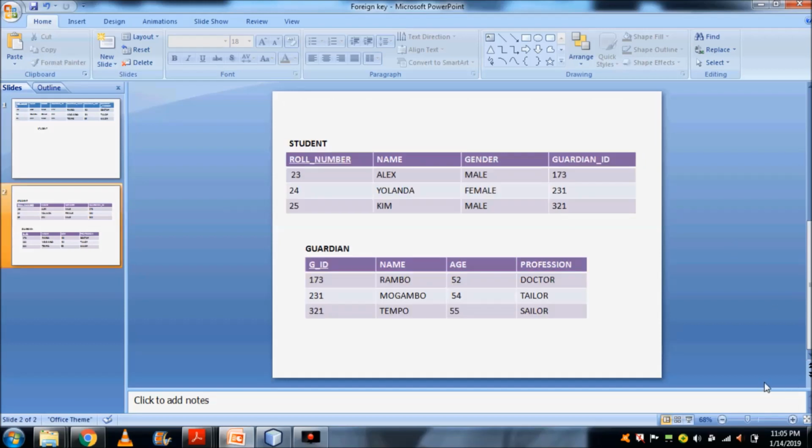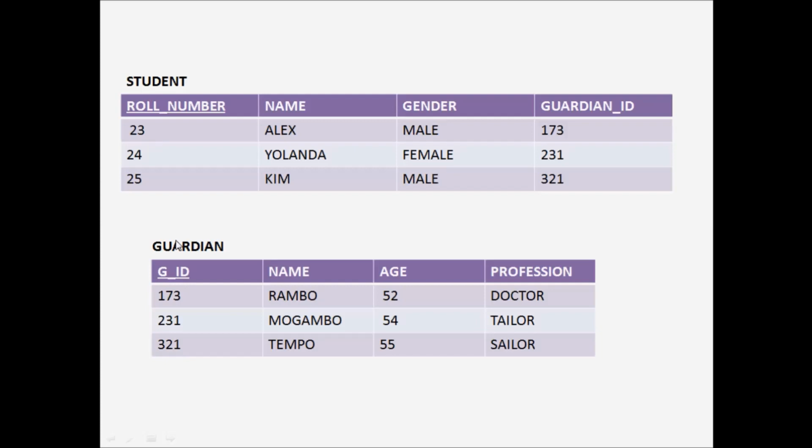Now see this student table and guardian table. In a student table, guardian ID is the foreign key, and this foreign key refers the column GID of guardian table. Now what happens when I insert a row in table student, then I will insert some value for guardian ID also.